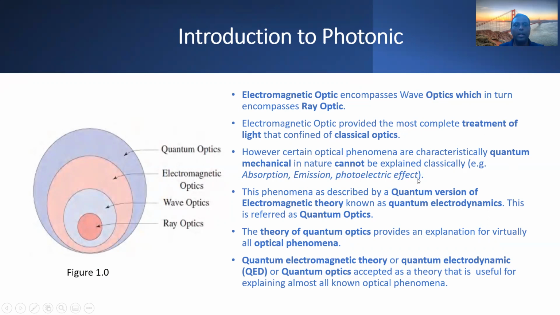These phenomena are described by the quantum version of electromagnetic theory, also known as quantum electrodynamics, and this is referred to as quantum optics. The theory of quantum optics provides an explanation for virtually all optical phenomena. Quantum electromagnetic theory, or quantum electrodynamics (QED), or quantum optics, is accepted as a theory that is useful for explaining almost all known optical phenomena.